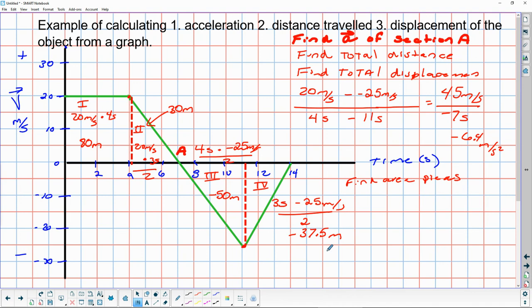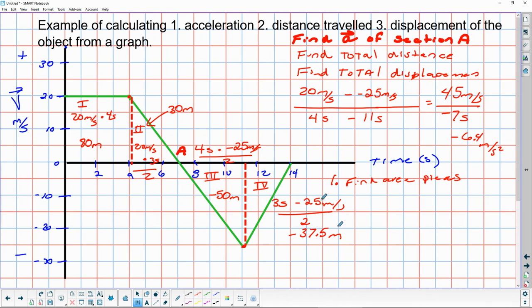So once you've got the area of the pieces, distance is just the total area without sign. For distance, add everything up, ignoring sign. Displacement, add everything up with sign. That's the difference between the two.